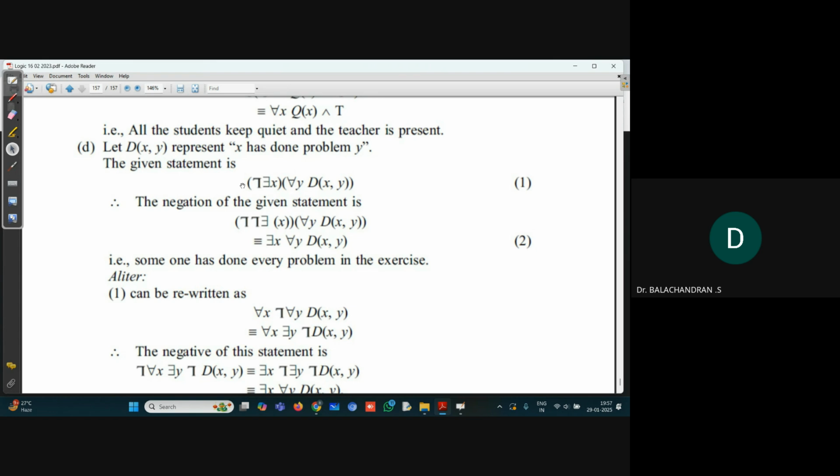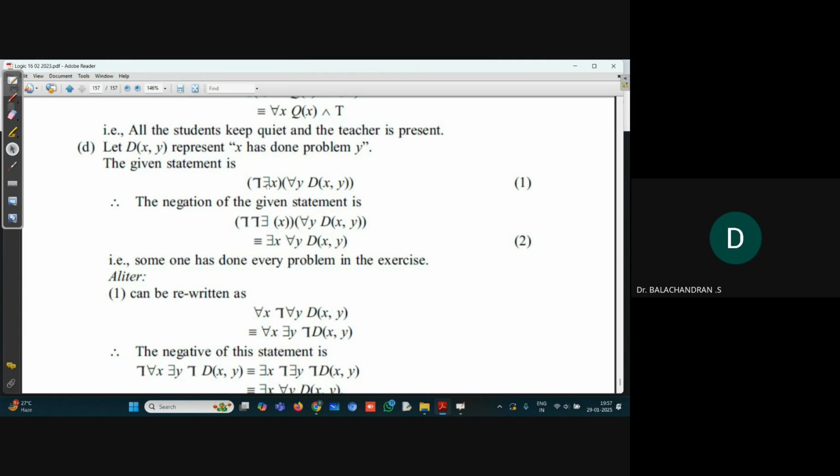Suppose for a moment you assume that there is no negation here. That means there exists x, for every y, D of x comma y.